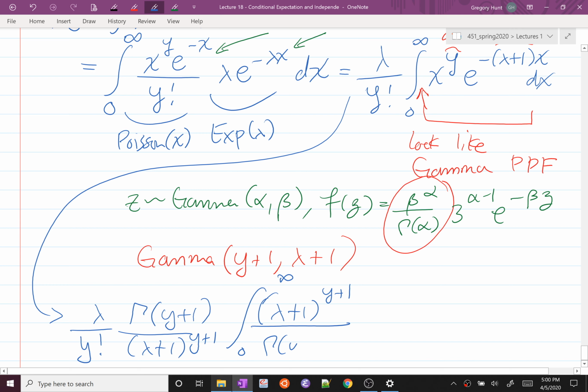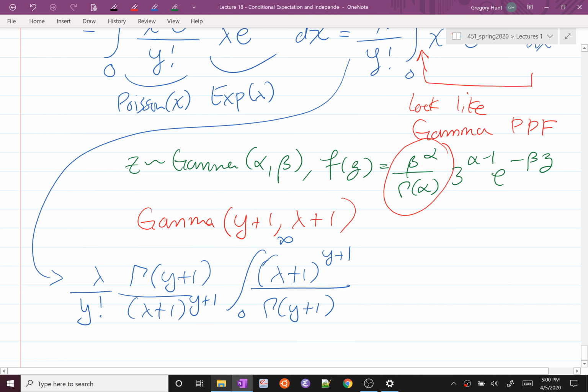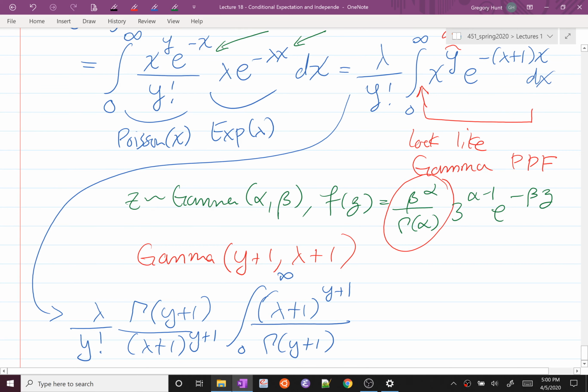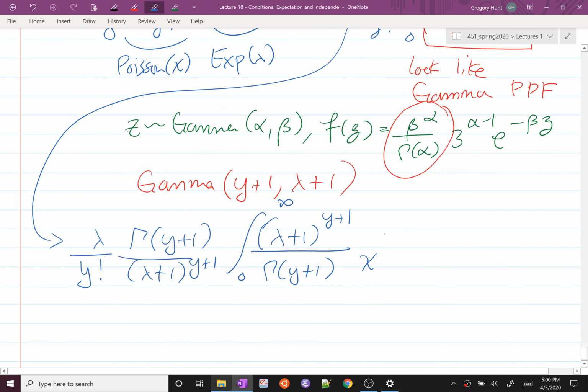And then I'm left here with just x to the y, e to the negative lambda plus 1 x dx, and this thing will all integrate to 1.